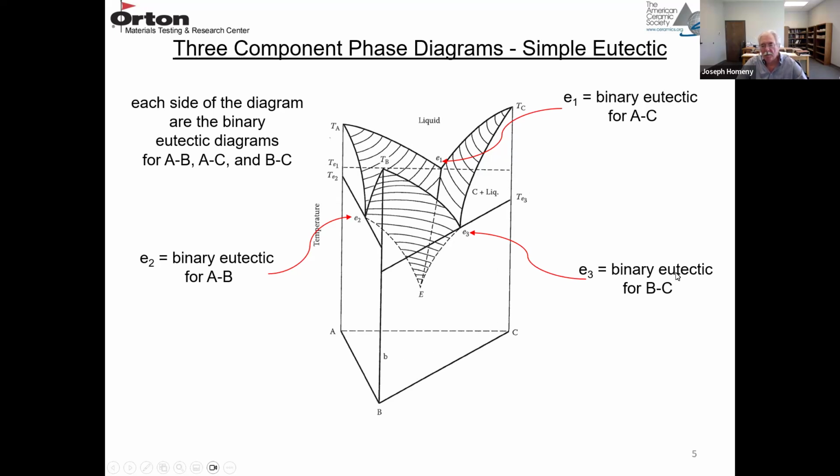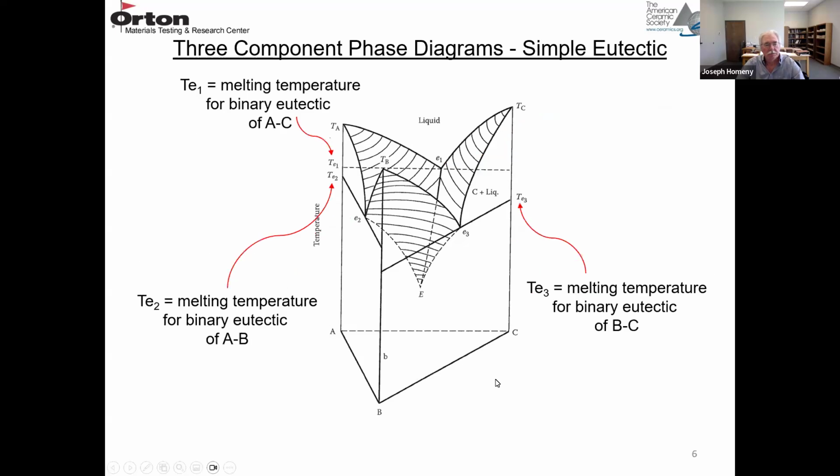E3 is the binary eutectic for side BC, and this horizontal line is the solidus curve. E1 is the binary eutectic for side AC, and this dotted line is the solidus curve. So 3 eutectic diagrams: AB, BC, and CA.